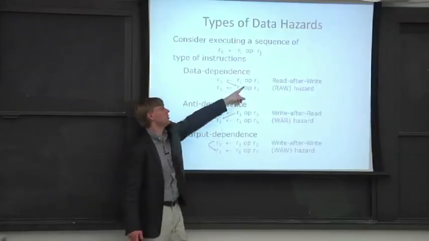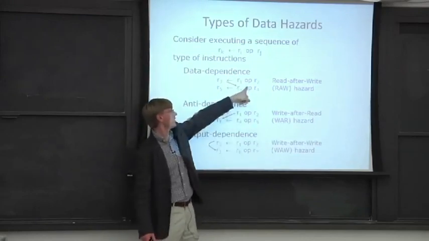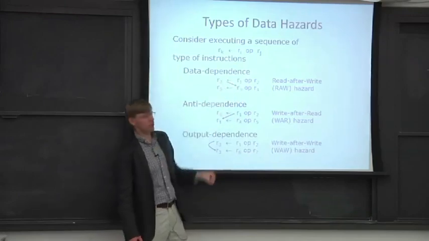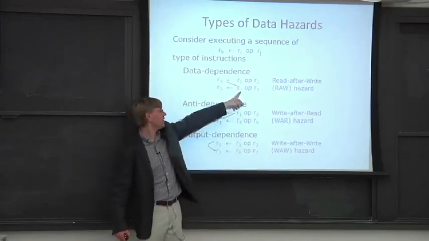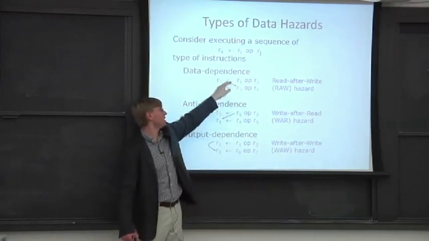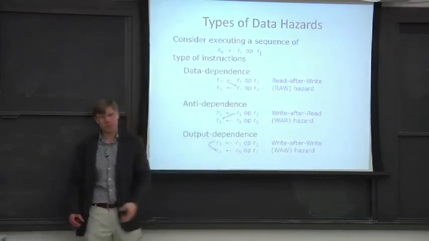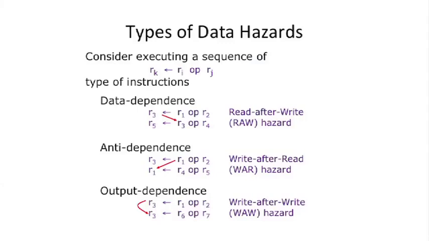In this example, if time goes down, this operation is going to store into register 3, and then this instruction is going to read from R3. So you need to make sure temporally that this happens before that, because you need the value here. We talked about this already in our data hazards. This is the most classic data hazard, a read after write hazard.